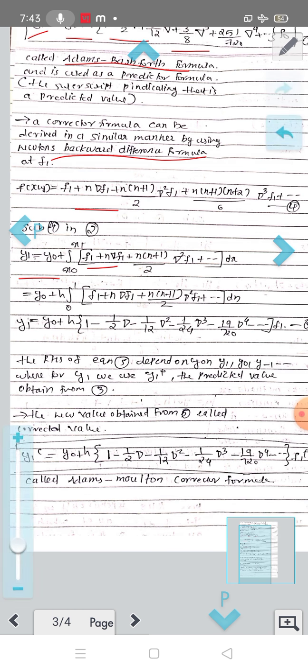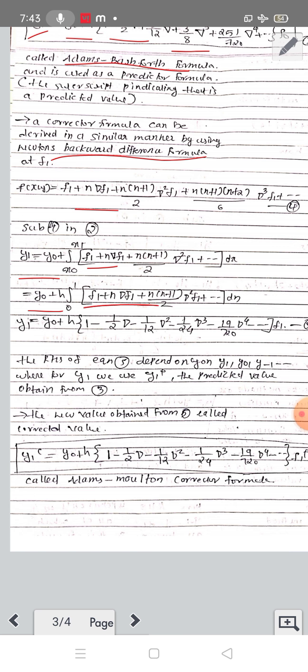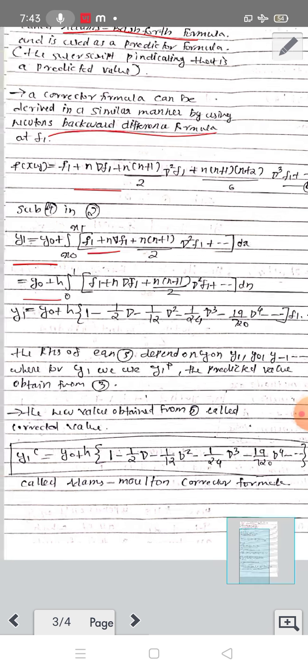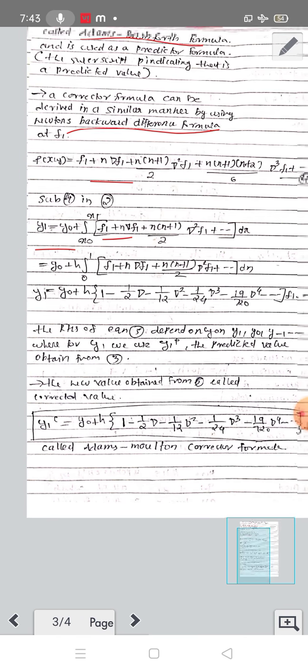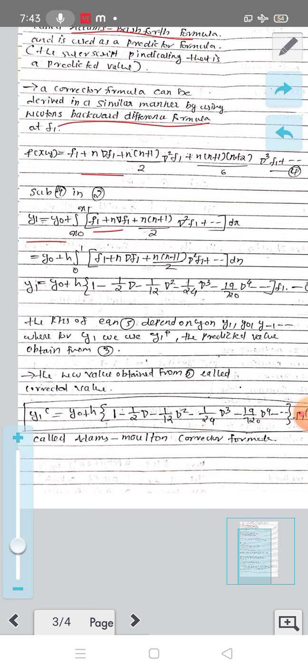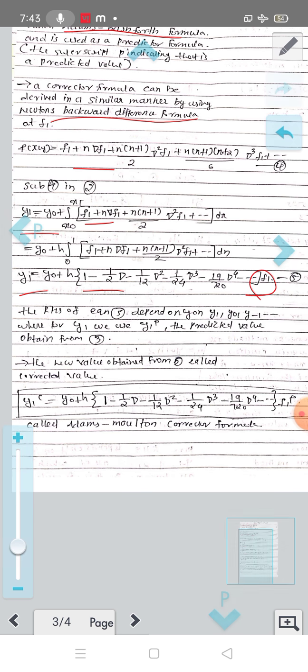Again for dx we substitute h dn. So we get y0 plus h into integral from 0 to 1 of the portion in the bracket, with dn outside. Integrating and applying the limits is simple here. We get y1 equal to y0 plus h into 1 minus 1 by 2 del minus 1 by 12 del square minus 1 by 24 del cube plus etc., taking f1 outside.